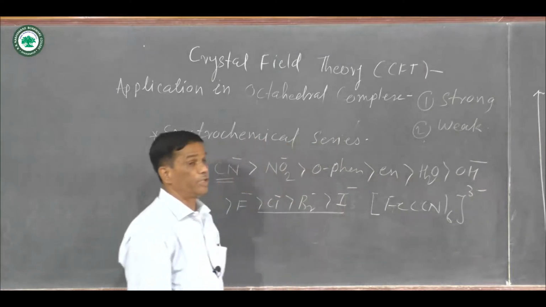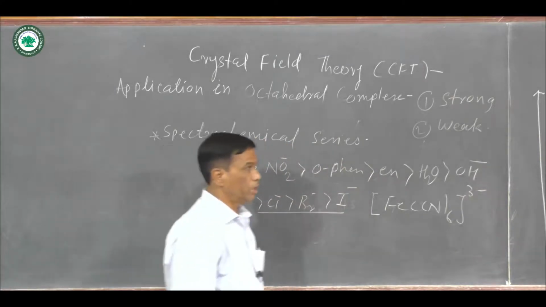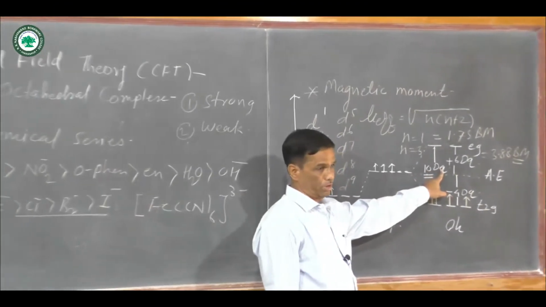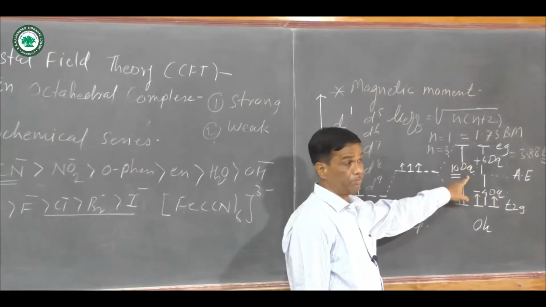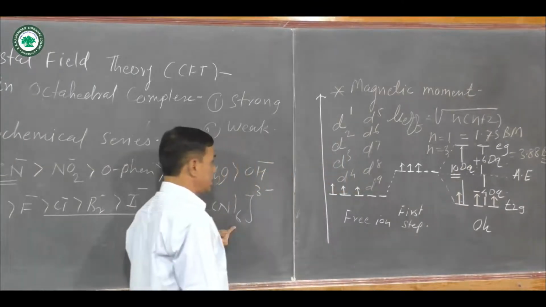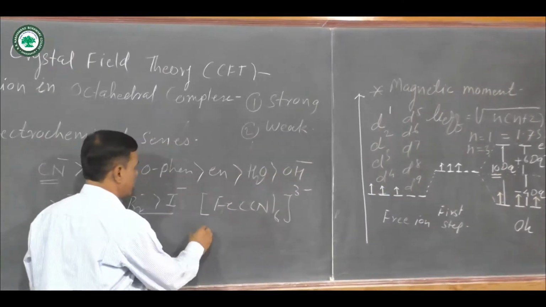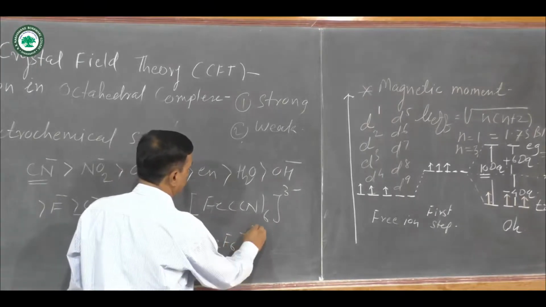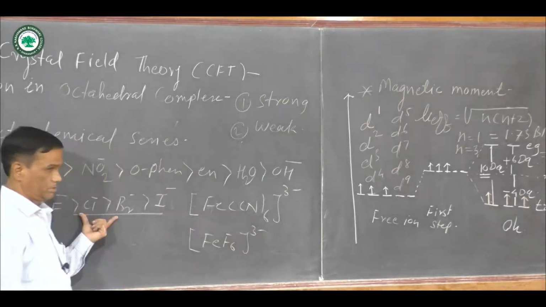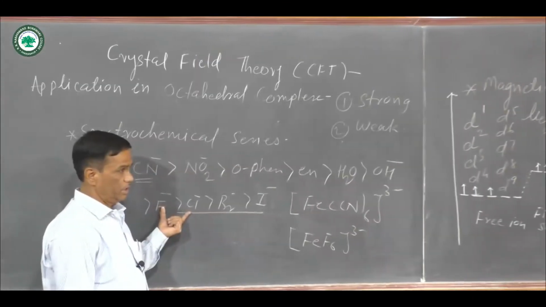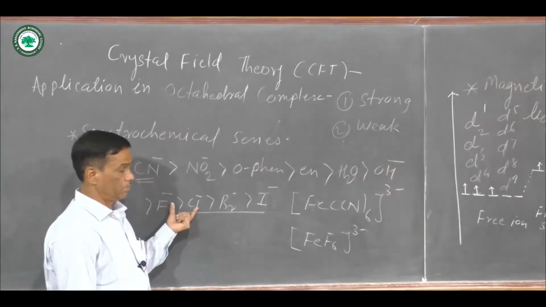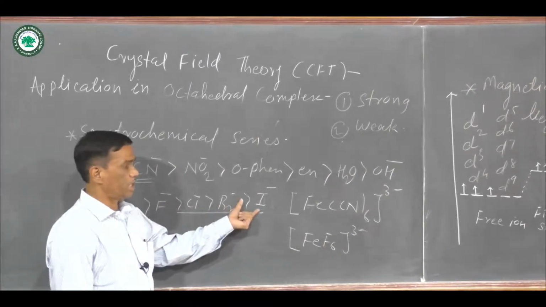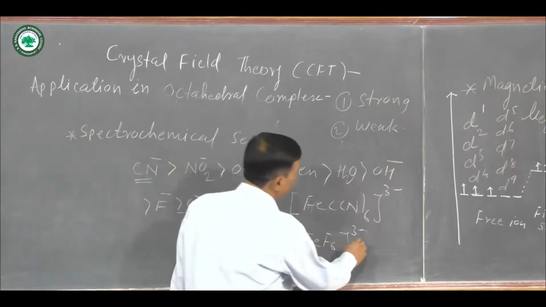That complex ion is a strong field complex, means in that complex ion the 10 Dq value is more. Arrangement is same because it is an octahedral complex. And the second complex ion, suppose there is a formation of [FeF6]3-. This complex belongs to the fluoride, and you know halides are F minus, Cl minus, Br minus and I minus. This is a weak field complex.